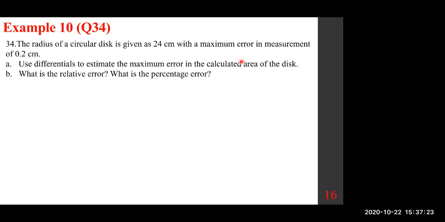Part A, we have seen it, class. In short, we want dA. I hope you remember that we have done this. There's nothing brand new here. Basically the radius R is 24, and delta R is 0.2. The relationship between A and R is A equals pi R squared, and we want dA.